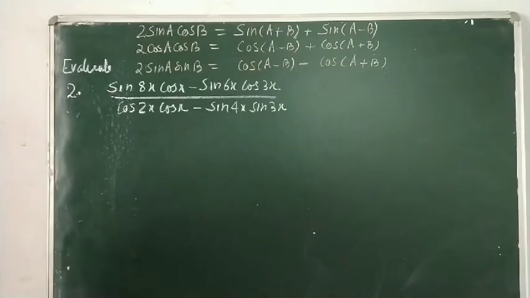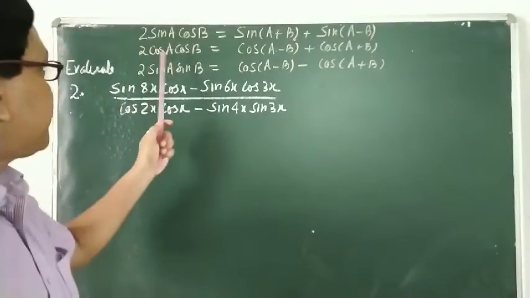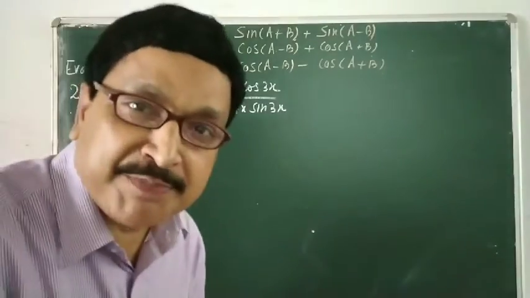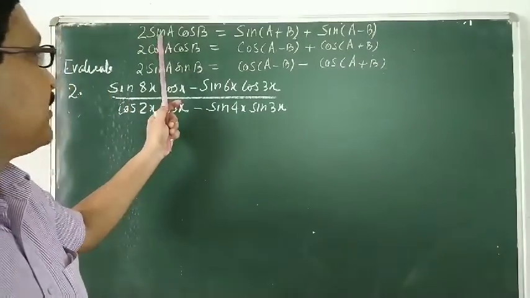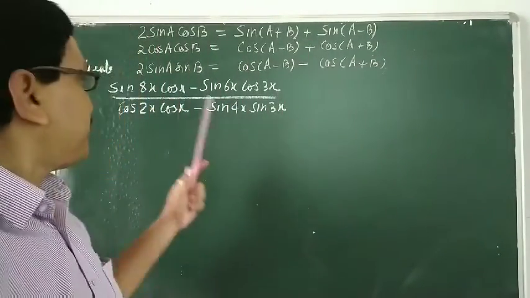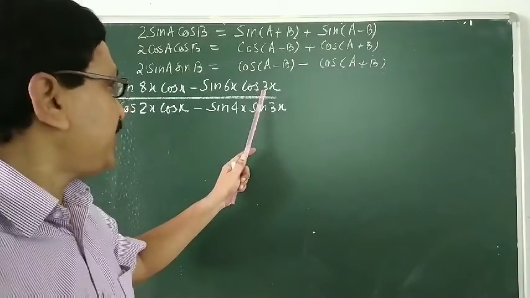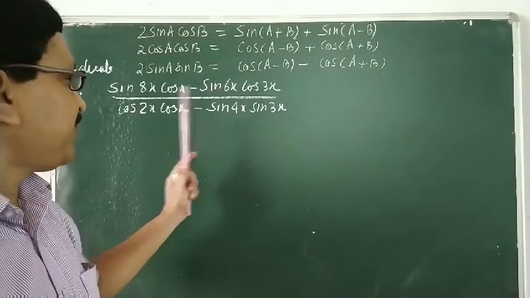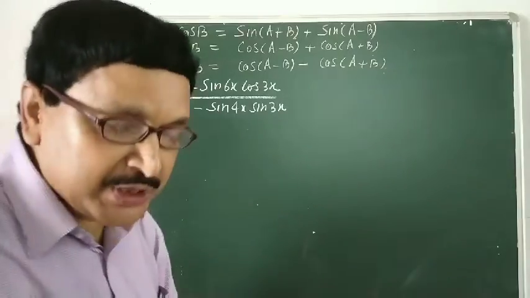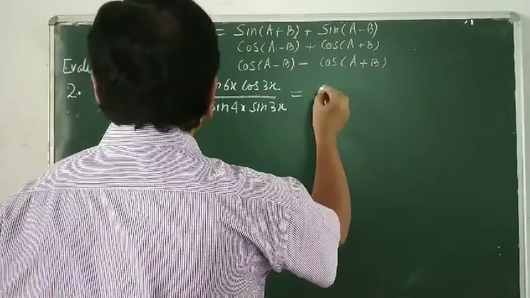Second number question. Now in the formula, in the product of two trigonometric functions, 2 is required. If 2 is not available, you cannot use the formula. But here the product of two trigonometric functions is available at four places, first place, second place, third place, fourth place. But 2 is available nowhere. So on your own you will write 2.